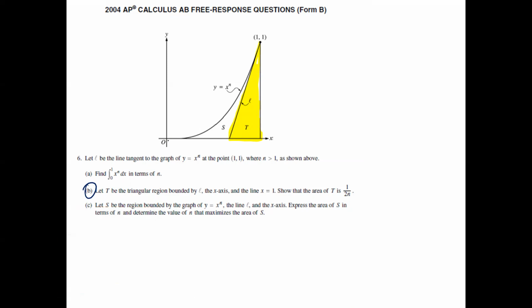You're looking at the x-axis and the line x equals 1. So your x equals 1 is going to be right here, because that point right here is x equals 1. Show that the area of T, which is that triangle, is 1 over 2n.